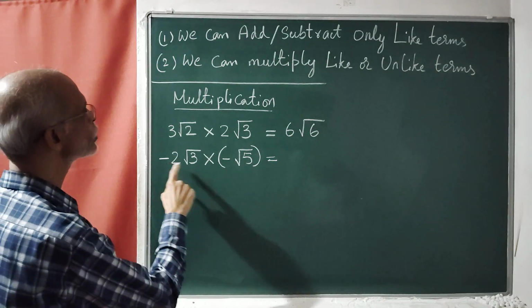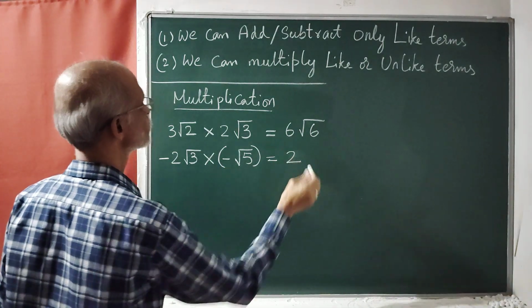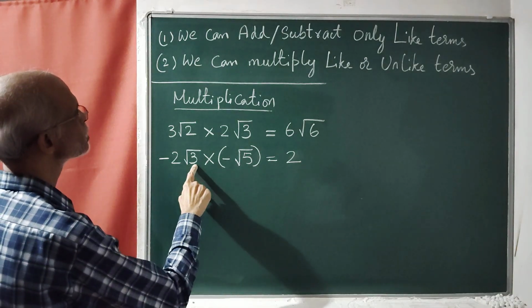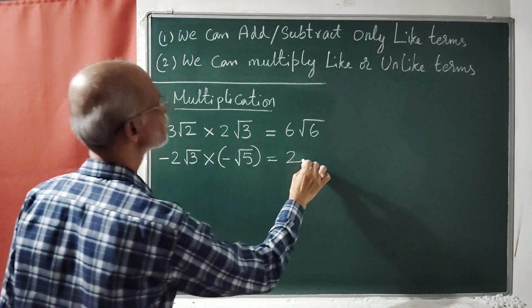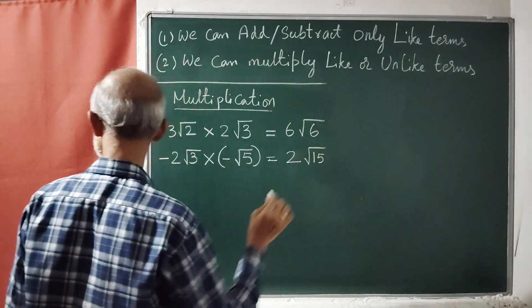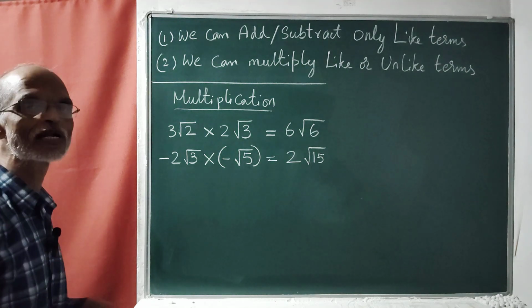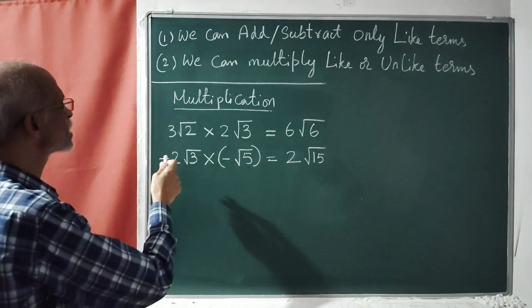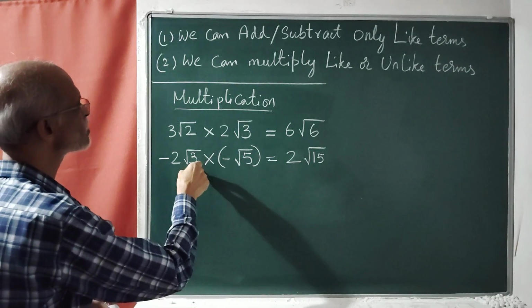So minus 2 into minus 1 is plus 2. 3 into 5 is 15. So plus 2 root 15. You have to multiply the outside number with the outside number, and you have to multiply the inside number with the inside number.